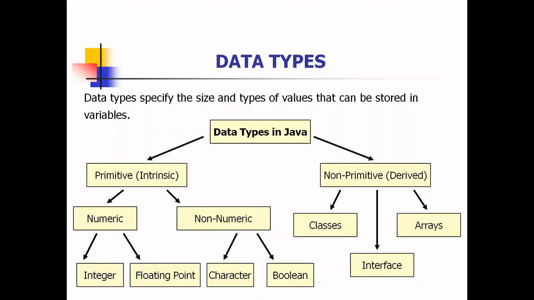In today's session, we will discuss only the primitive data types which are available in Java. The non-primitive types will be discussed in the later section. So we'll start first with the first primitive type, that is integer.